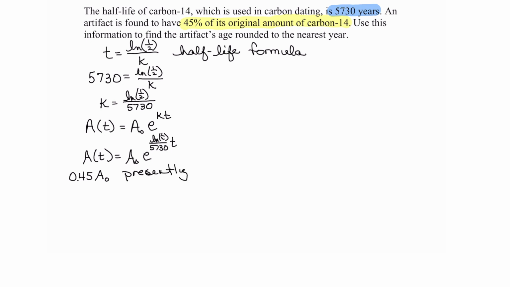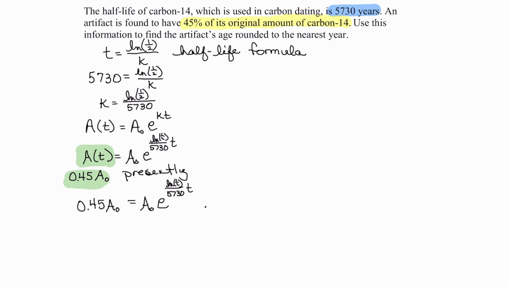So since that's what's presently in the artifact, we will replace the left hand side of the equal sign with 0.45 times the original amount. So I have 0.45 times A sub 0 is equal to A sub 0 times e to the natural log of 1/2 divided by 5,730 times t.